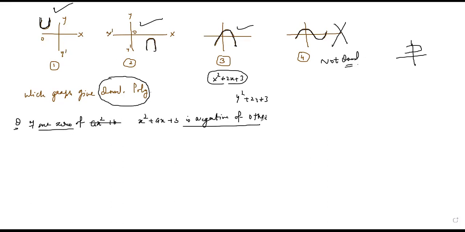Has no linear term and constant term is positive. Can have linear term but constant term is negative. Can have linear term but constant term is positive.